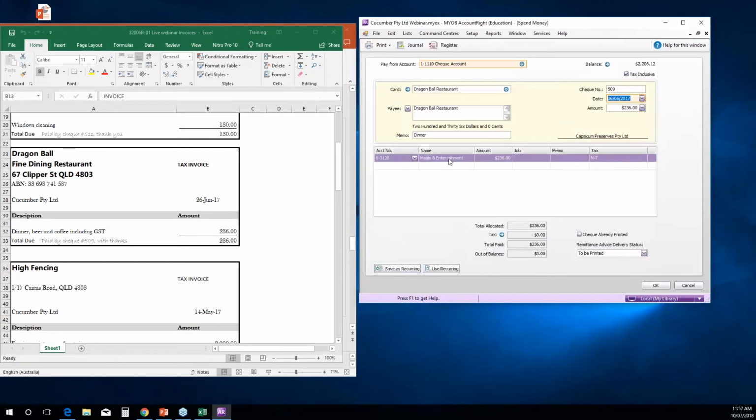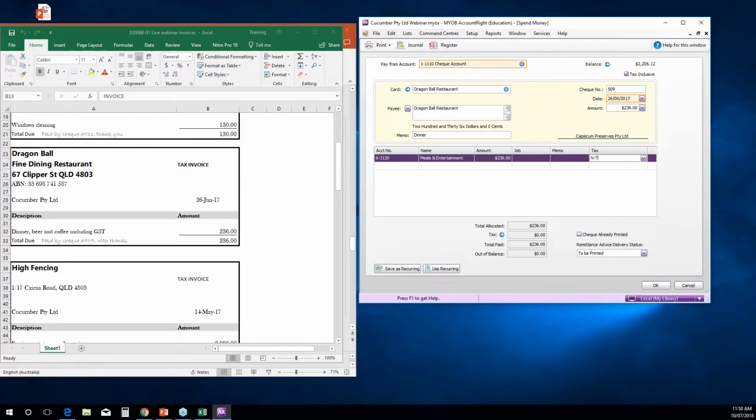OK. Meals and entertainment. Tax code is NT. But again, as I said, GST cannot be claimed on meals and alcohol provided to your suppliers or customers. It says NT, but NT means not reportable, so you don't have to report this amount to the ATO.